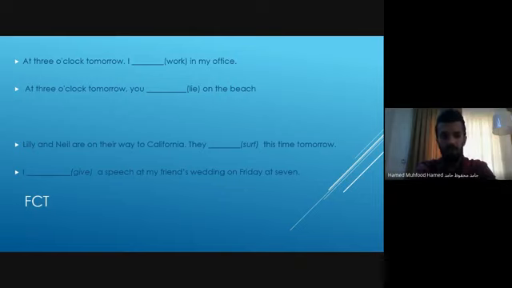So here the answer is at 3 o'clock tomorrow, you will be lying on the beach. And lie should be formed by omitting the IE and adding Y and then ING, right? Of course, when you want to add ING to a verb, you should follow the ING rules, right? So at 3 o'clock tomorrow, you will be lying on the beach.